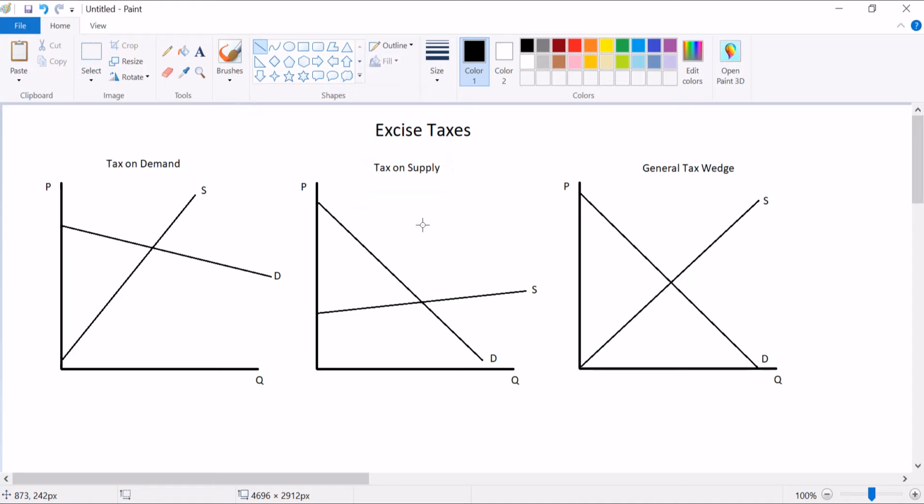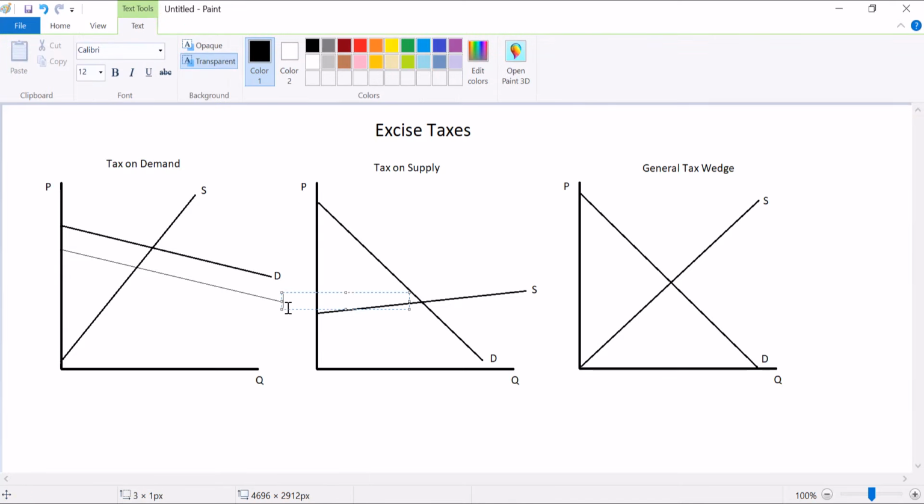So, if you put a tax on demand, what you're doing as a government is taking money out of the consumer's pocket. What does that look like on the graph? We're actually going to shift the demand curve down a notch to some new curve, which I will call the demand curve with a tax.